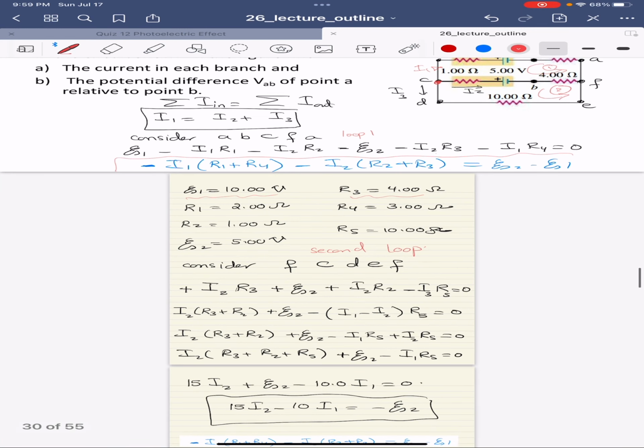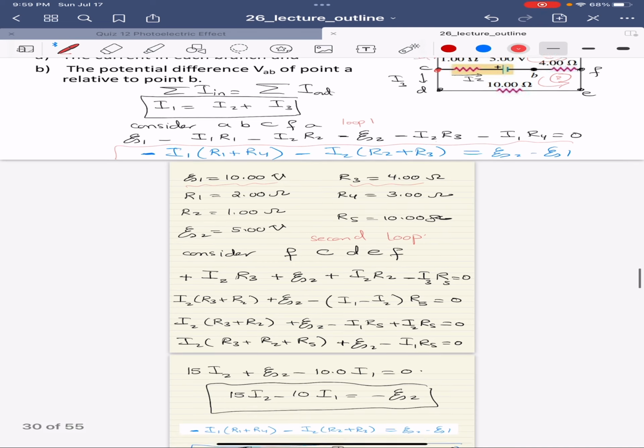Now this is my second loop, and here I did the same thing. I'm going from F against the current, so I have I2 R3 positive, and then going from negative to positive through E2, it is plus E2 plus I2 R2, and then minus I3 R5.